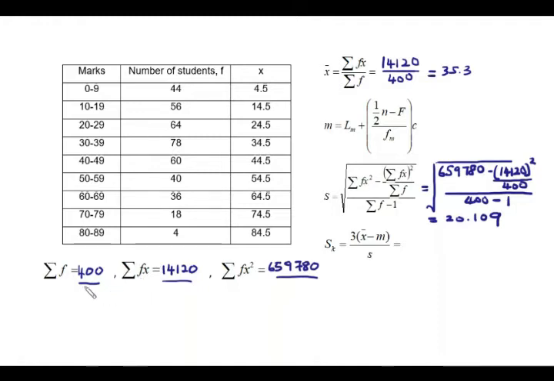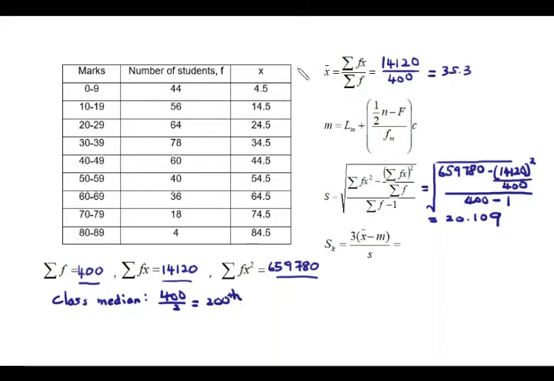To find its median, first we determine the class median. We use the total number of students, 400 divided by 2, which is 200. That means the median is at the 200th position of the data. Where is the median?